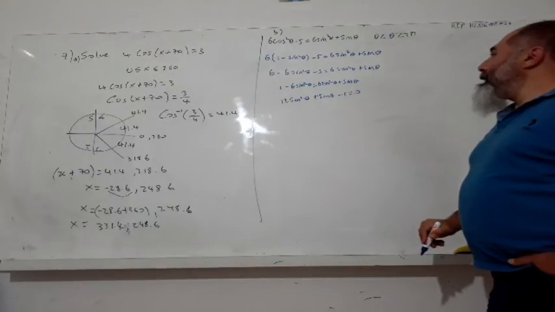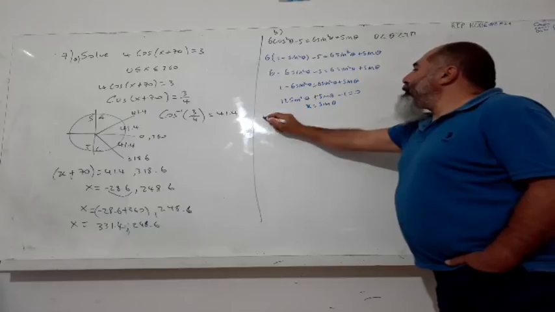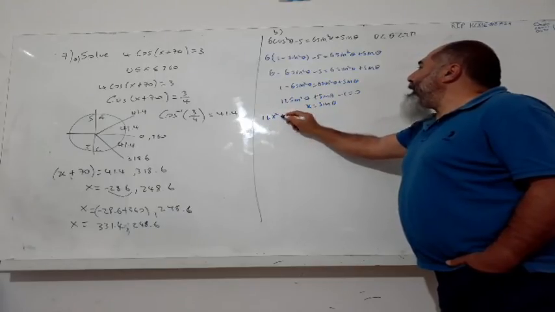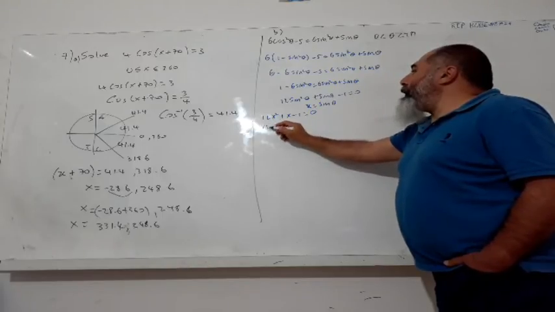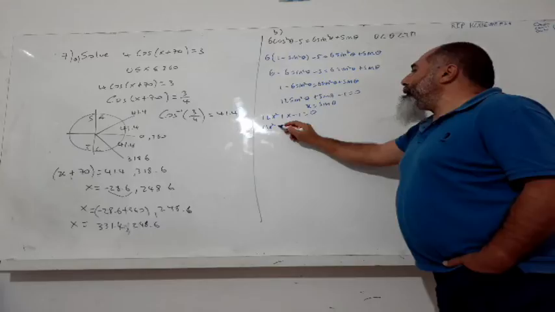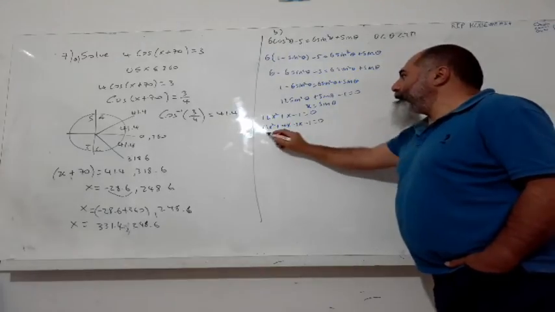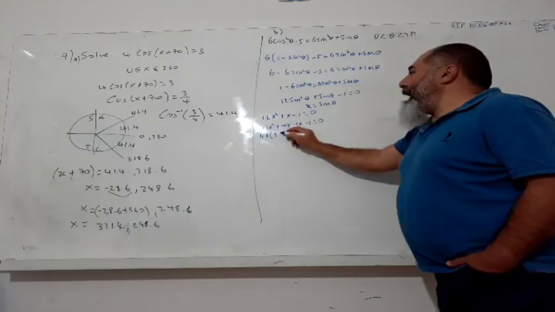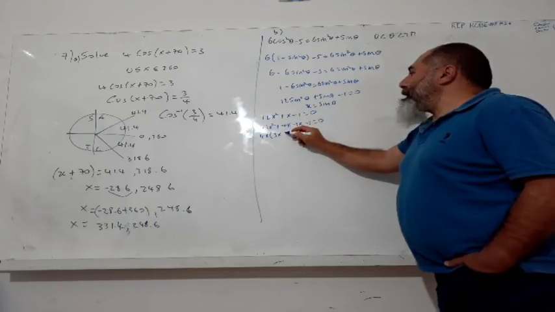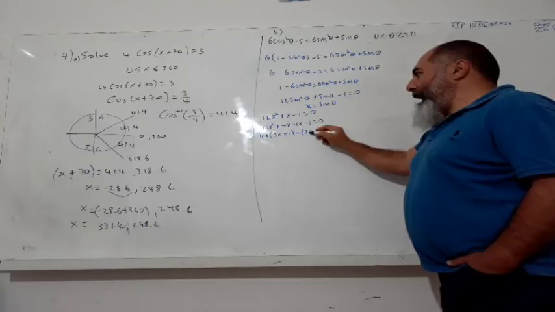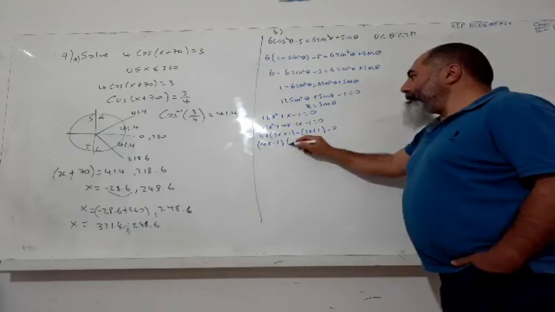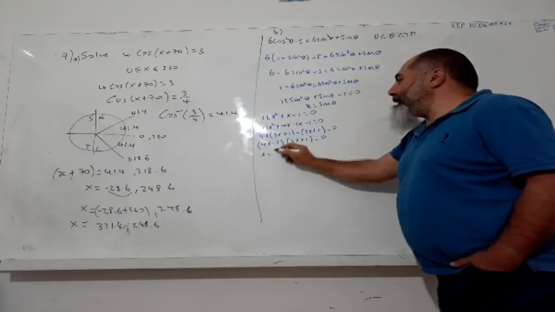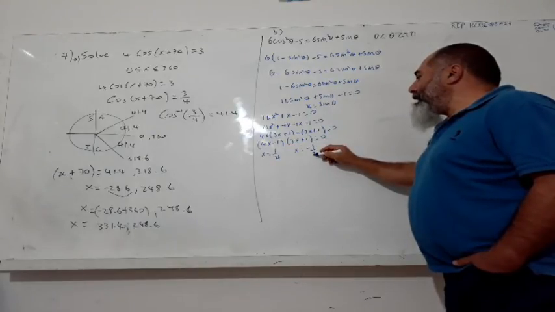So 12x squared plus 4x minus 3x minus 1 is equal to 0. 4x(3x + 1) minus 1(3x + 1) is equal to 0. (4x minus 1)(3x plus 1) is equal to 0. X is equal to 1 over 4. X is equal to minus 1 over 3. So either sine theta is equal to 1 over 4 or sine theta is equal to minus 1 over 3.